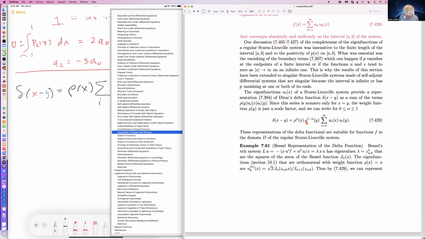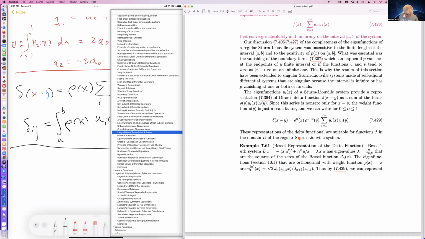And now what is true of the u's is that delta ij is equal to the integral of rho of x u_i of x u_j of x dx. So they're orthonormal with respect to this weight function on whatever the interval is, and I'll just call the interval AB.